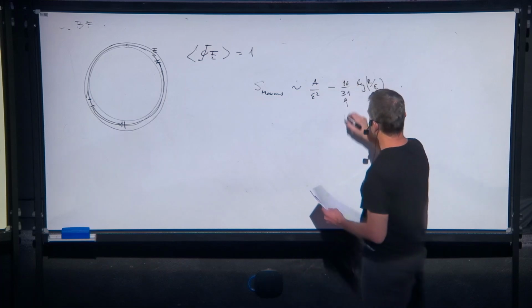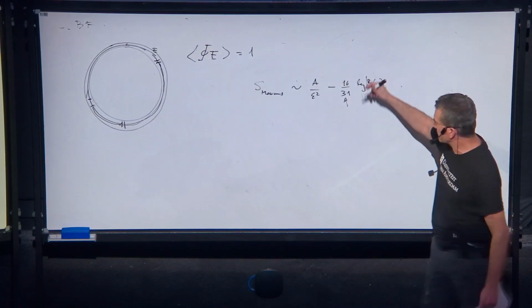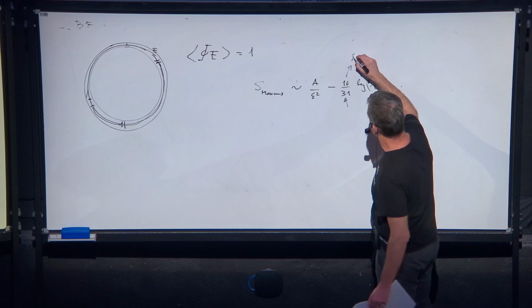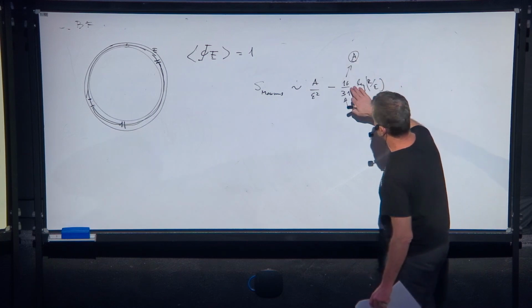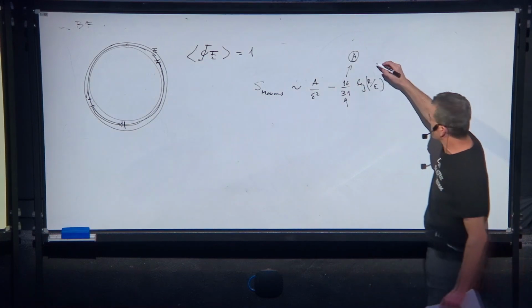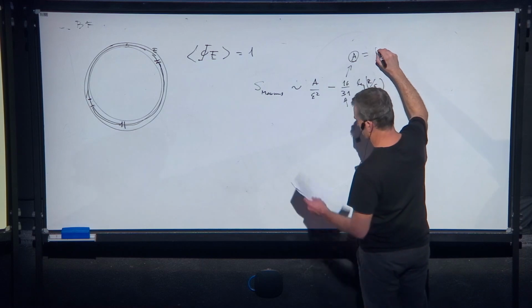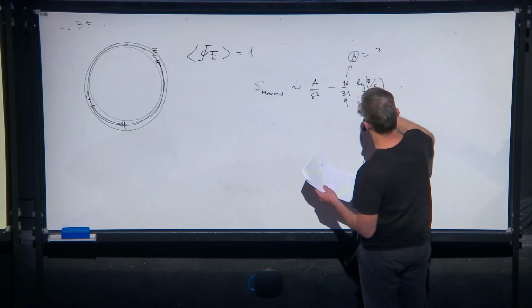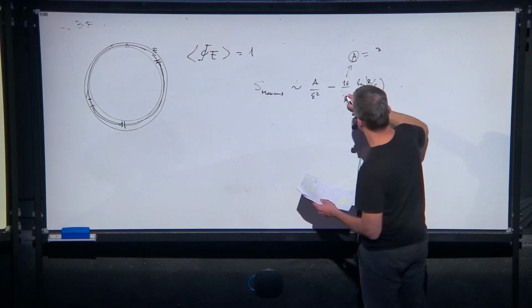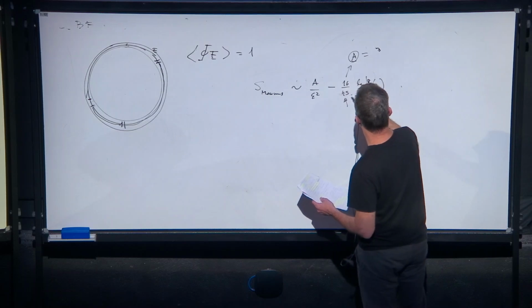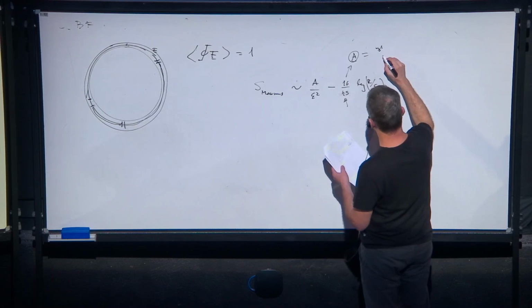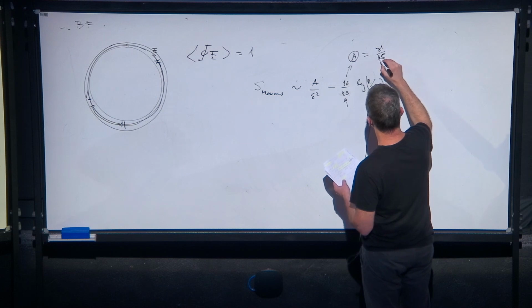And this number is not the one that people usually think. This is not the A anomaly. The A anomaly is in fact equal to 31 over 45. So it's different.